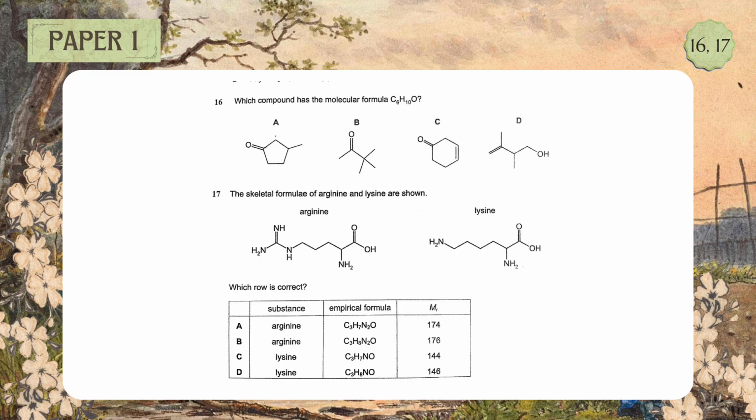Looking at our options table, row C suggests lysine's empirical formula is C3H7NO. That matches our derivation perfectly. So just to be absolutely sure, let's double check. Its Mr equals 6 times 12 plus 14 times 1 plus 2 times 14 plus 2 times 16, which equals 146. Row D lists the Mr as 146, but it pairs with an incorrect empirical formula. So row C is completely accurate and it is our definitive choice.